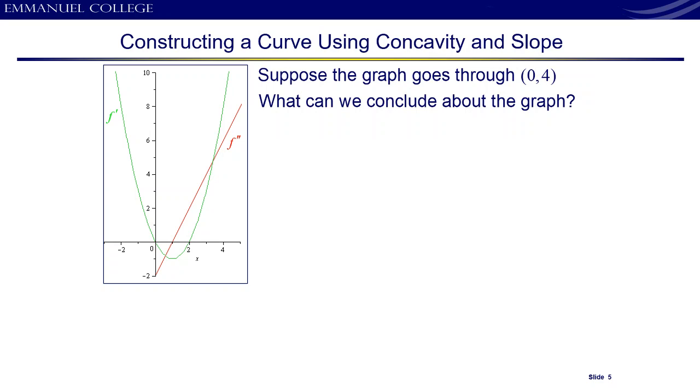So remember, first derivative tells you how it's increasing, how it's decreasing. Second derivative tells you about, is it concave up, is it concave down? And we also know we go through the point 0, 4. So let's go ahead and mark that. So we have a point. And now let's try and mark this off.